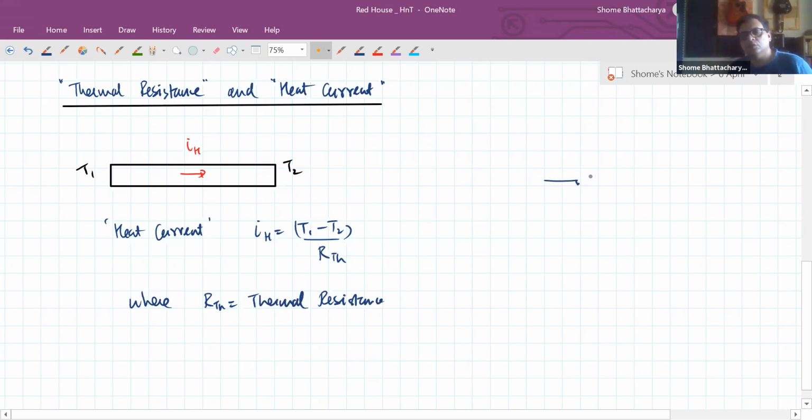Just like for a regular resistor, when we apply a potential difference, the electrical current is equal to V1 minus V2 divided by electrical resistance. This is Ohm's law.